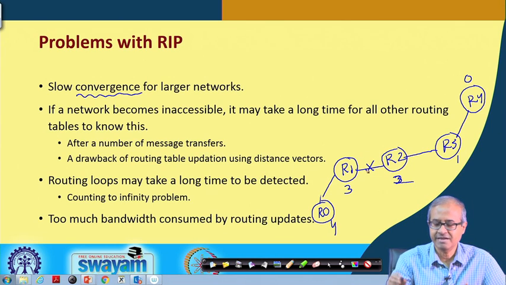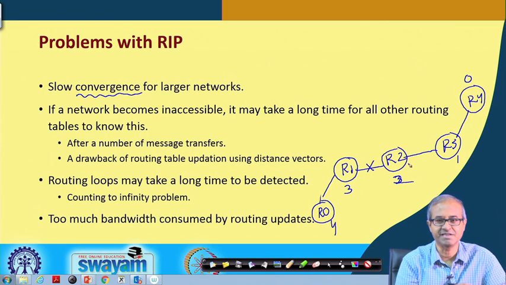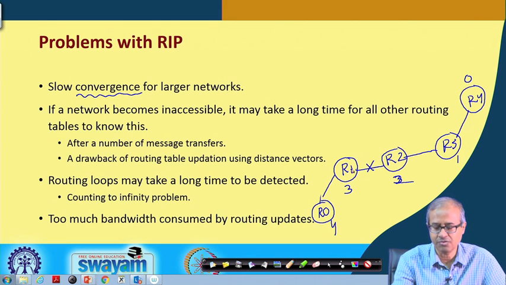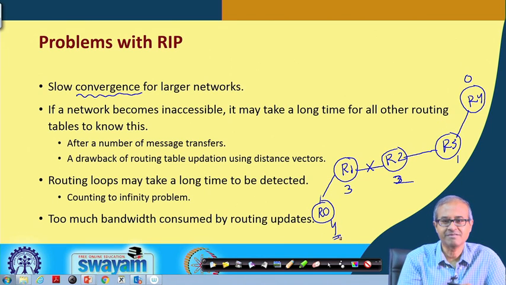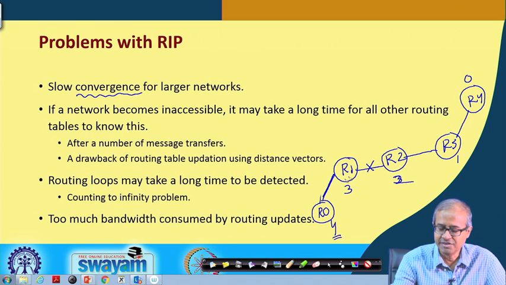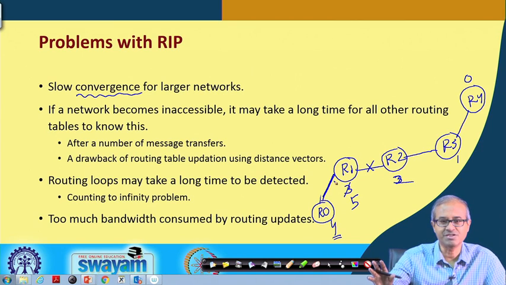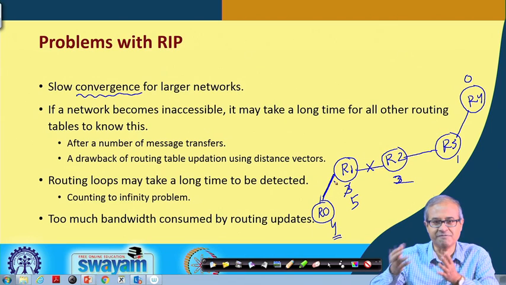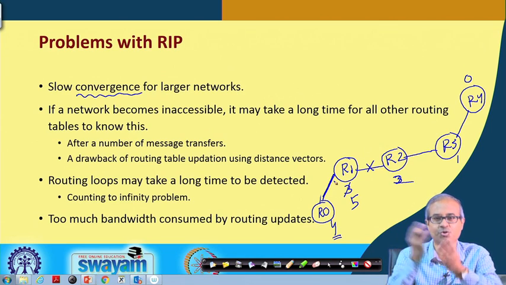So, you see now R 1 has no path to R 4, the network has become disconnected, but R 0 will tell R 1 that well R 4 is 4 distance away from me, and because this is 1 hop, so R 1 will update this to 5, 4 plus 1, but actually there is no path. So, in this way this 5 then 6 then 7 it will go up slowly.